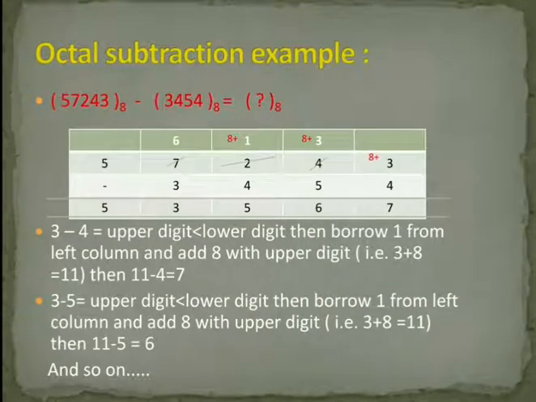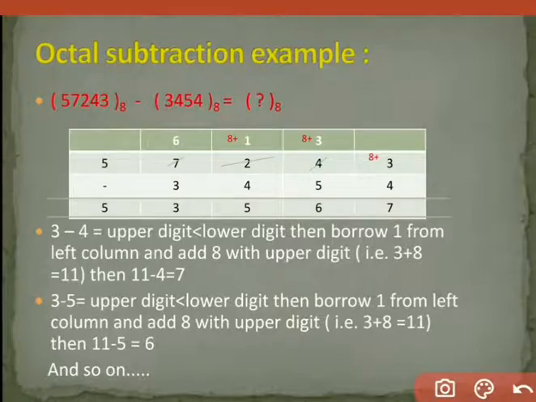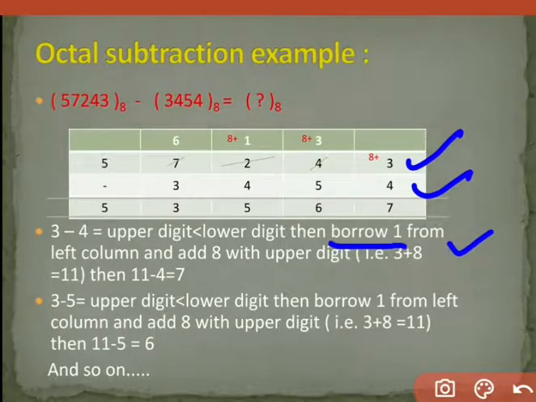Now we have to subtract the upper digit from the lower digit. But what happened now? The upper digit is smaller than the lower digit. Then we have to follow some rules. When the upper digit is smaller than the lower digit, we have to borrow 1 from our left column.